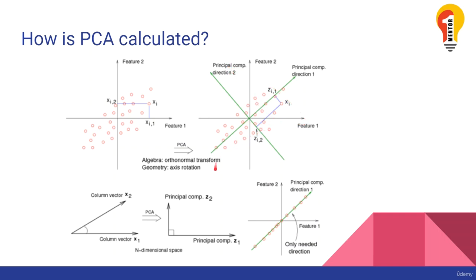Now they have to be 90 degrees to each other. That is one of the aspects of principal components, that they are at 90 degrees to each other. So there are two column vectors, and when you convert them to PCA, they become 90 degrees. This is what happens in a two-dimensional space. In higher dimensions, it becomes a bit different.